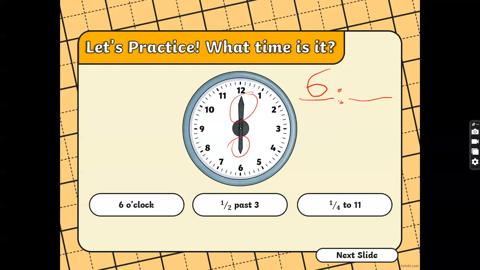So that means I have 0 in the minutes, because I did not walk to any minutes yet. I am on 12, so I am on 0. So it is 6 o'clock.